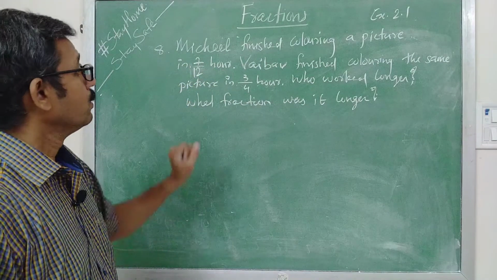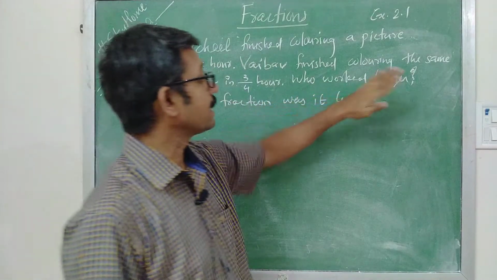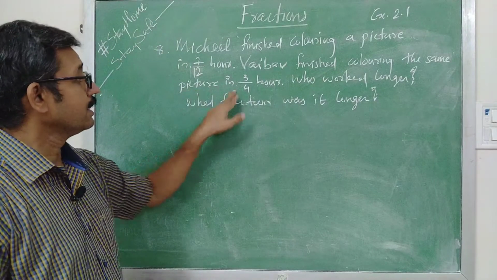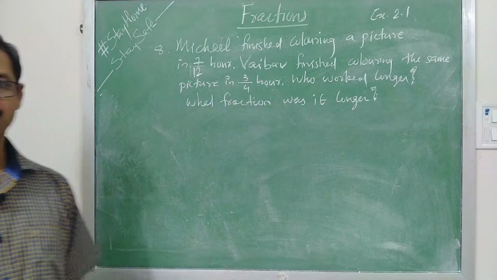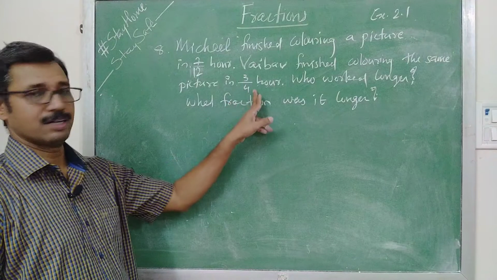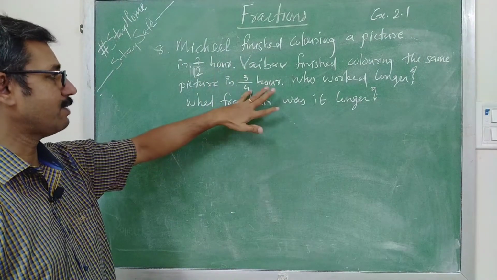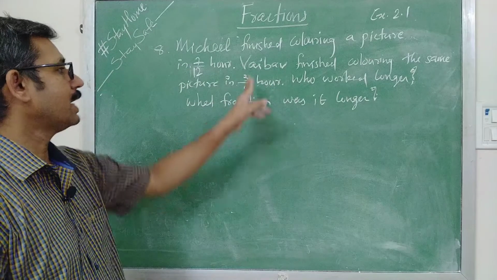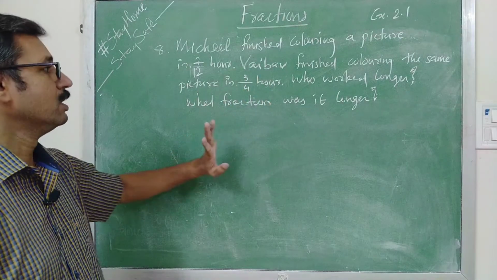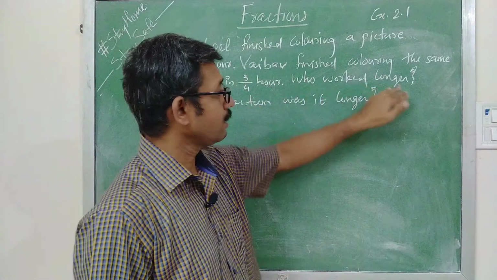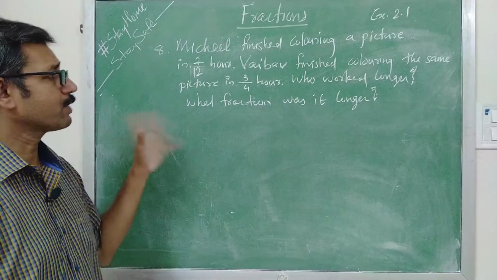Now Vaibhav finished coloring the same picture in 3/4 hour. Understand? Whatever the slot allowed is divided into 4 parts, and among that 3 parts are used. Who worked longer? So we have to compare here.